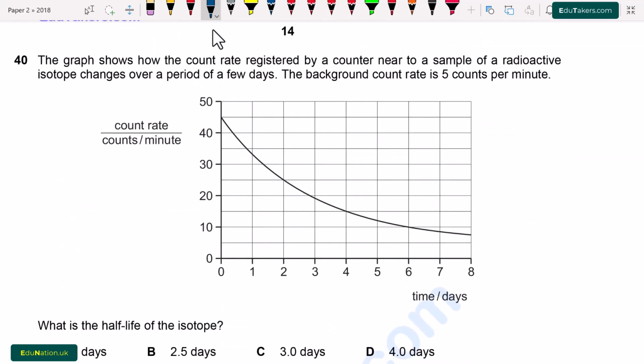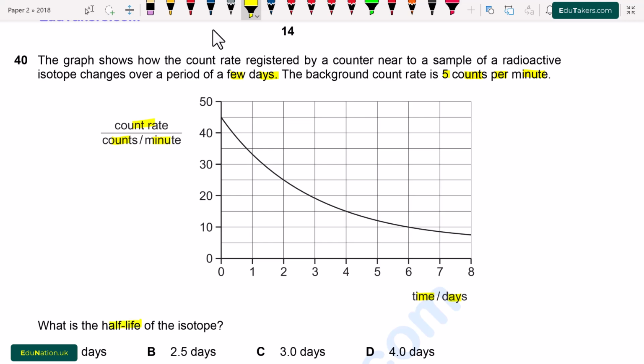Question number 40. The graph shows how the count rate registered by a counter near a sample of radioactive isotope changes over a period of a few days. The background count rate is 5 counts per minute. There is time in days and the count rate, which is counts per minute. What is the half-life of the isotope?